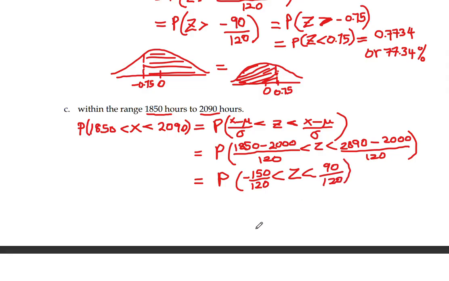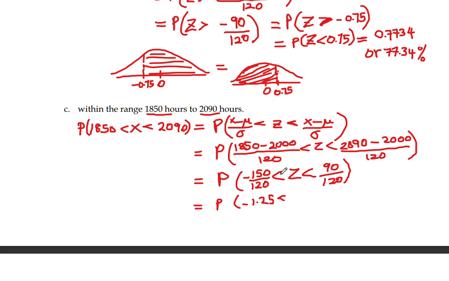So now we are almost at the point of full simplification of the problem. Let's simplify this. We divide 150 by 120, negative 150 divided by 120, so we get negative 1.25.